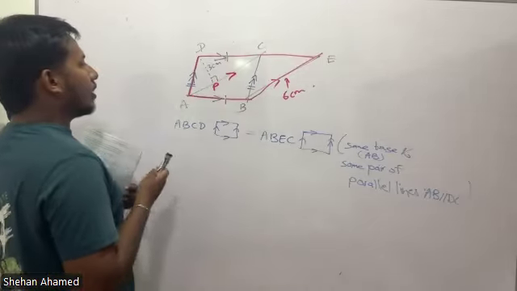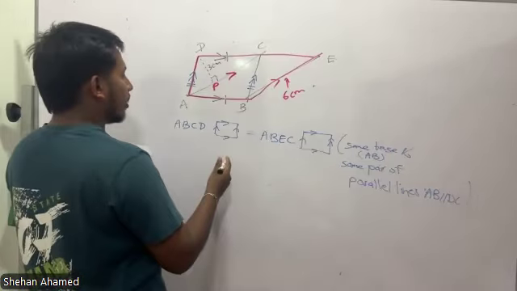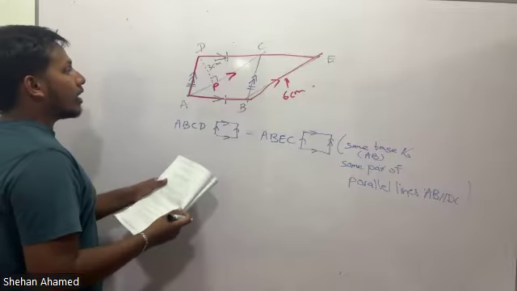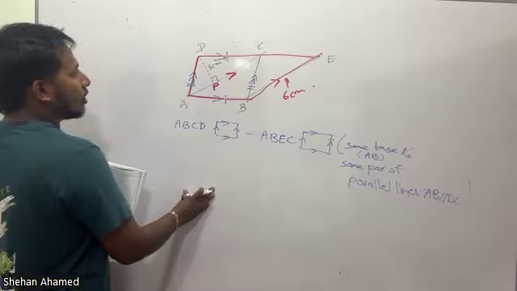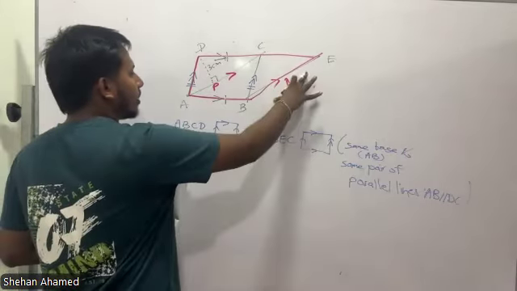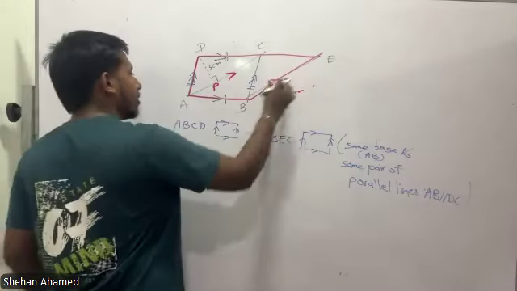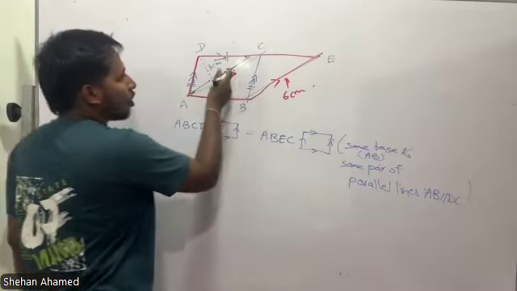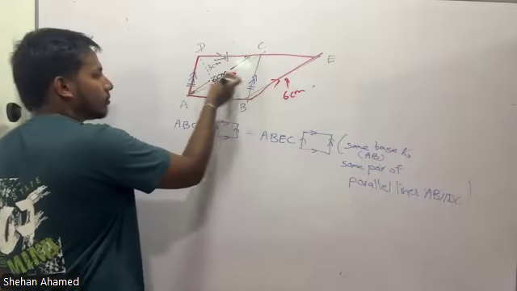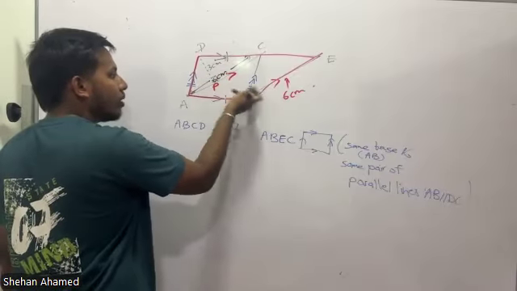Now you can see here, right? Now I'm asking you guys a question. Now this is 6, right? This is 6, and this is also 6. The reason is opposite sides of a parallelogram are equal.